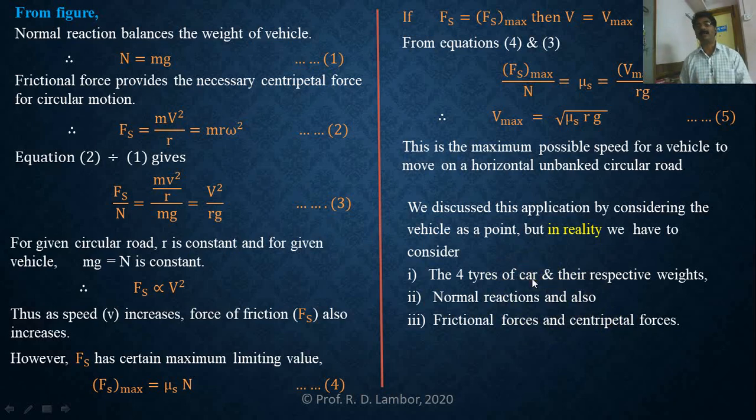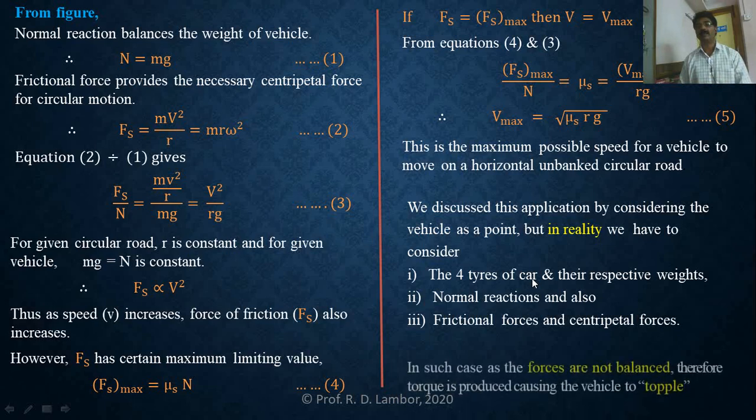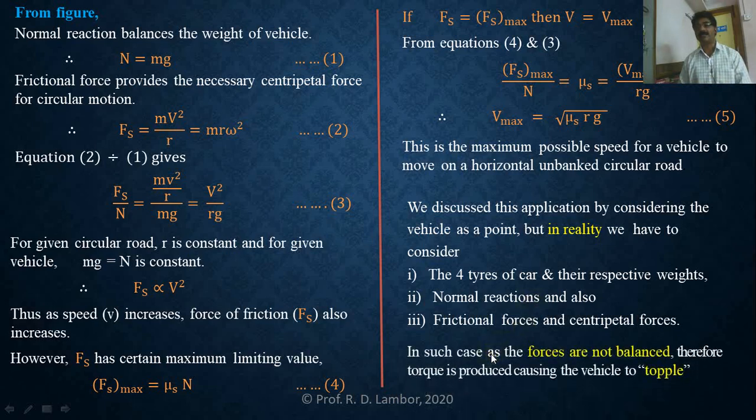Then what will happen if the vehicle is not a point particle? In such a case, the forces are not balanced. Which forces are not balanced? Frictional force and centripetal force. There may be balancing between weight and normal reaction, but frictional force and centripetal force will not balance.